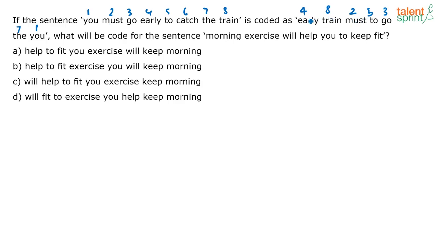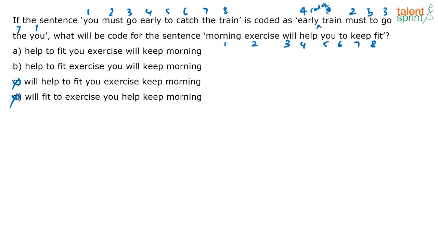So here what will be the word that comes first, which is the 4th one? So you have 1, 2, 3, 4, 5, 6, 7 and 8. So 4th one is help. So the first word that should come in the code has to be help. So these two are eliminated. Then next should be the 8th word. 8th one is fit. See in this question the word catch is missing, correct?